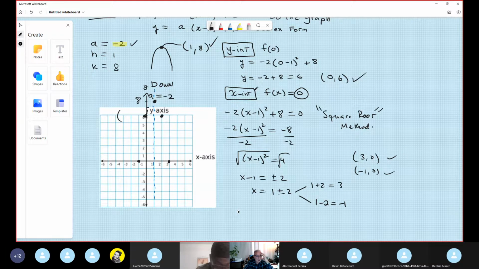This point was 0, 6. It was the y-intercept. And this point would be 2, 6 because the x component is the same distance from the axis of symmetry and the y component is 6. Okay, nice. So we have 5 points.